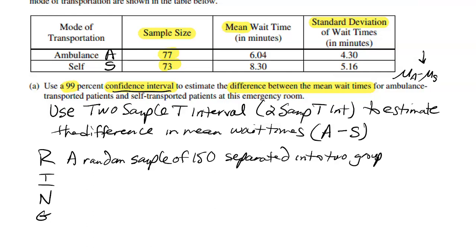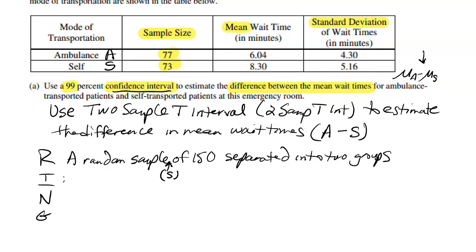It's a little more common on the AP exam to have separate random samples. So a random sample of those who arrived by ambulance and then a separate random sample of those who drove themselves. So typically you would have plural here, random samples, and that would be really important. If you're told in the question that you had two random samples, then when you check conditions you need to address that you have two random samples.